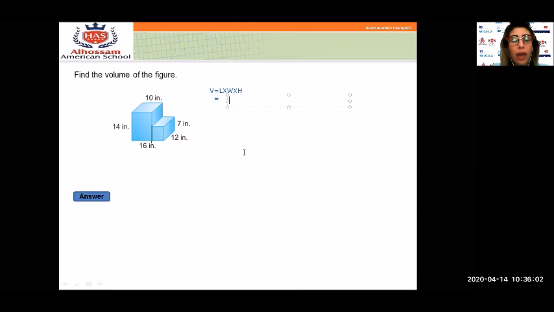So I have the length of 12 times the width is 10 times the height is 14, right? They have the same length, both of them. The small one and the biggest one, they are 12 inches, right? So I have 12 times 10 times 14 equal, hurry up.